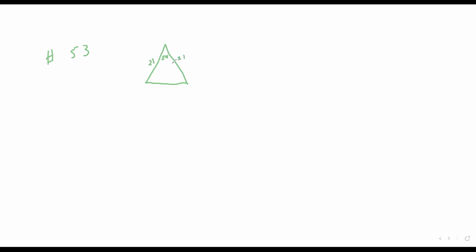It says how much area of the window do the windows cover? So remember, area is just equal to 1/2 times the two sides, so 21 times 21, times the sine of the angle of 54. And that's it.